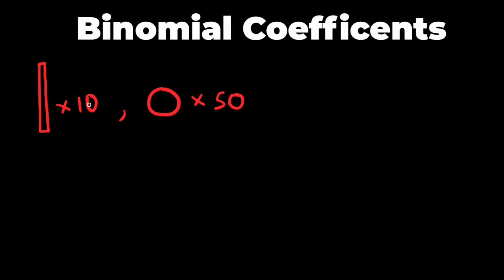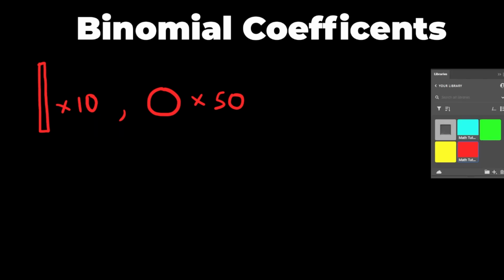Instead what we can say is, when I run out of sticks, all the rest are going to be balls, or when I run out of balls, all the rest are going to be sticks. So what I really want to know is, together, I have 60 possible items.